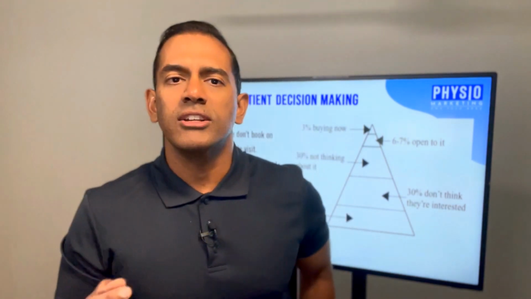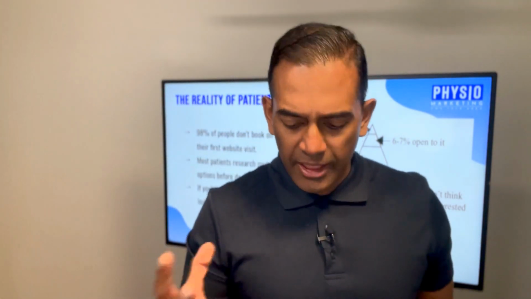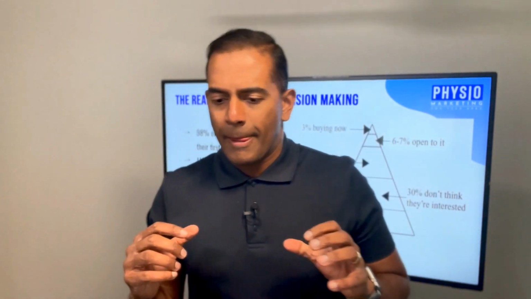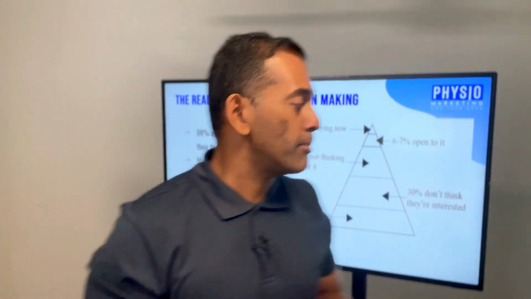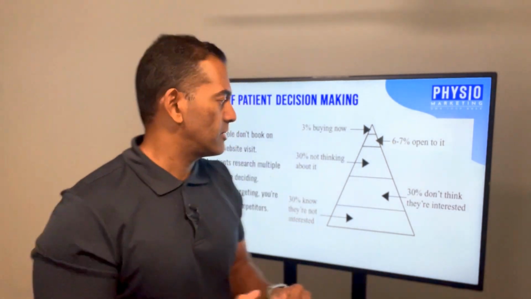Now, why retargeting is important is that when it comes to people coming to your website or anyone who gets to know about you, about 97% of those people don't book on their very first visit. So 3% of people are in this patient matrix. If you're watching us on video, you can see the total patient matrix.